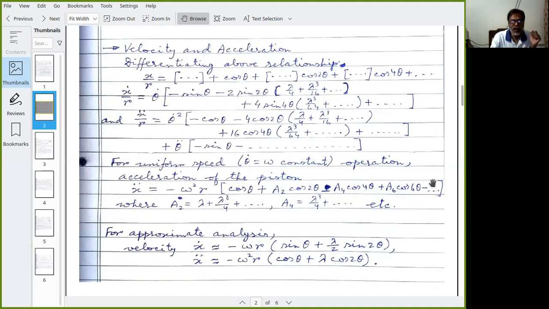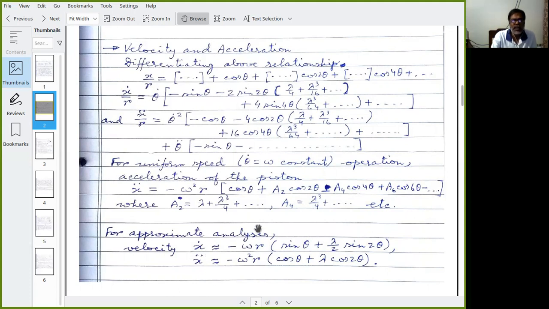So this is the expression for x double dot, the expression we want. Now here A2 is found from here, and A4 is found from here, that is this thing into 4, and this thing into 16 is A4. You can find each of them. And again, I have kept up to lambda cube; if you want it that precise, that accurate, you can.